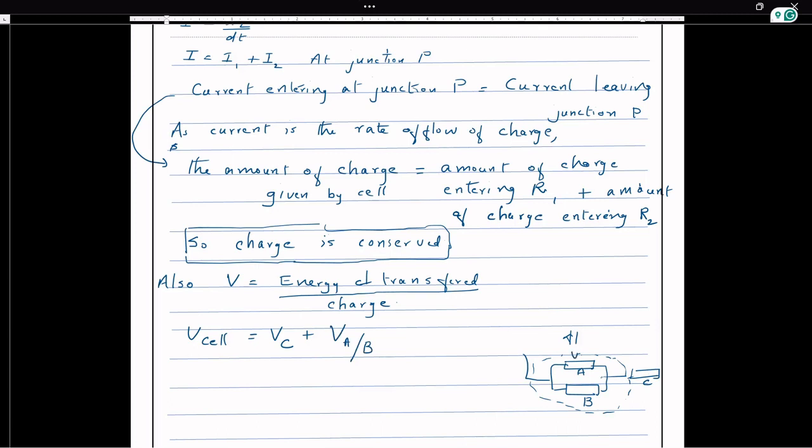So the voltage at A is the same as the voltage at B, plus the voltage at C. They add up and make the total cell voltage.